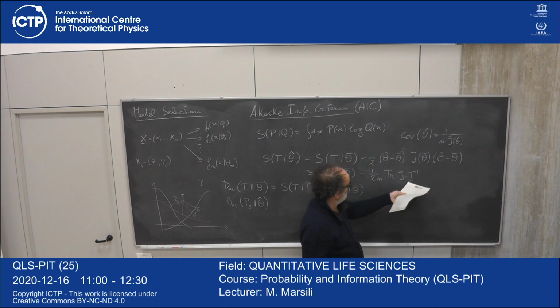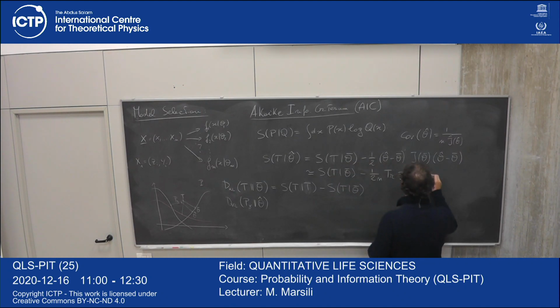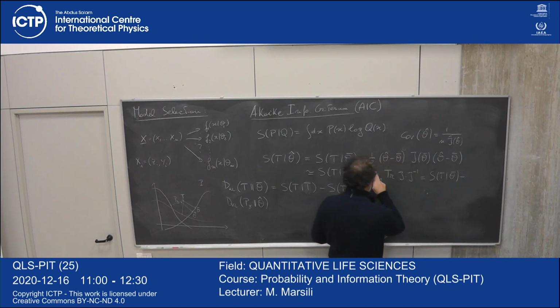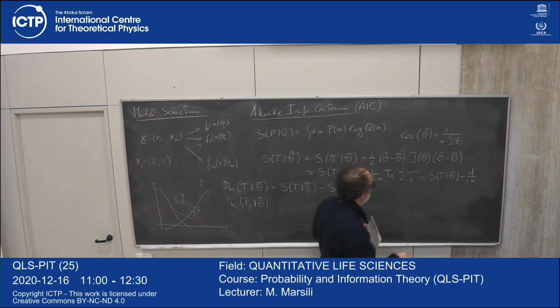But this is the identity, and the trace just gives you the number of entries, which is the dimension. This is S of t, theta bar, minus the trace of the identity, which is just the size of the matrix, the number of parameters d, divided by 2n.